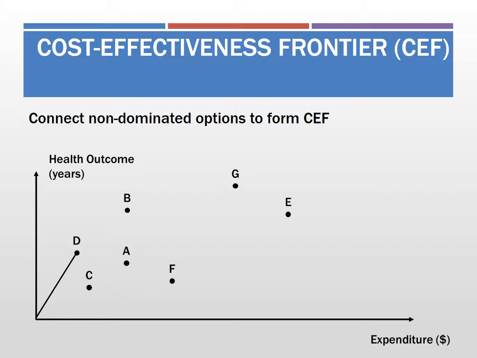So the next point we are going to connect from treatment D is treatment B. Comparing treatment D and treatment B, treatment D is less expensive but has less effectiveness to gain. Treatment B, on the other hand, is more effective, but people have to pay a higher price.